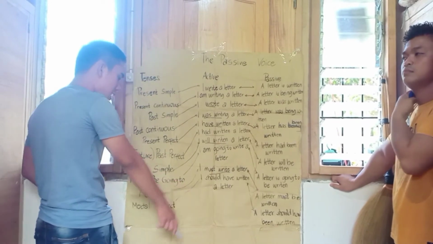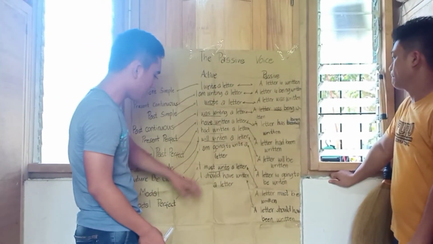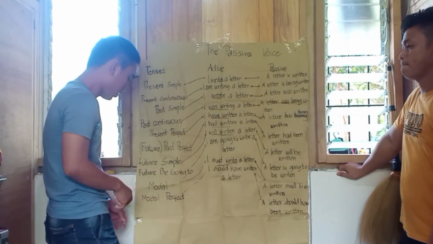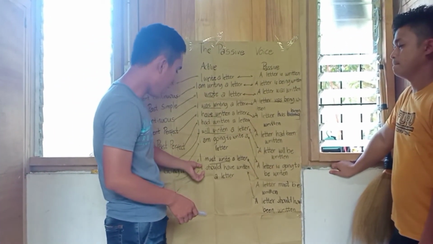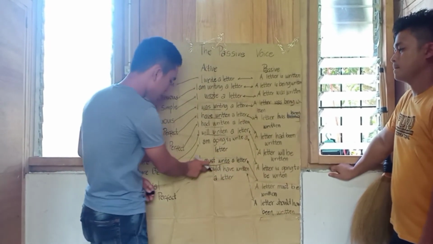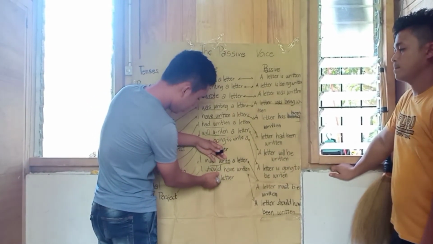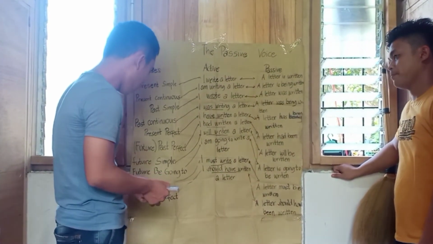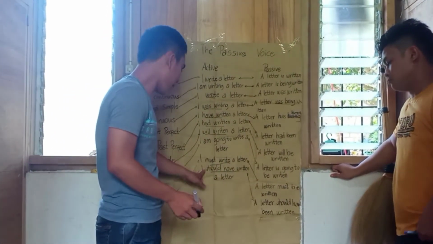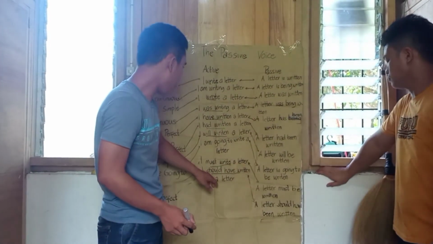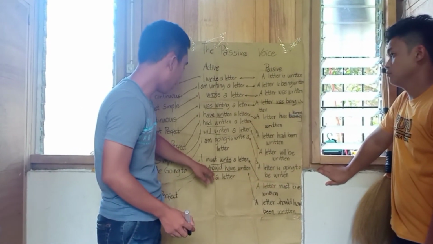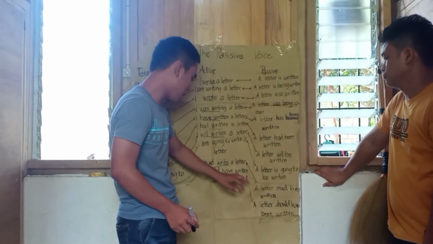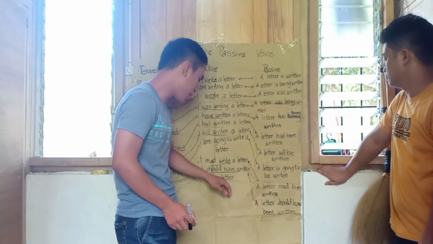The modal perfect in this sentence is "should have written." So "I" is our subject, the action is "should have written," and the object is "letter."